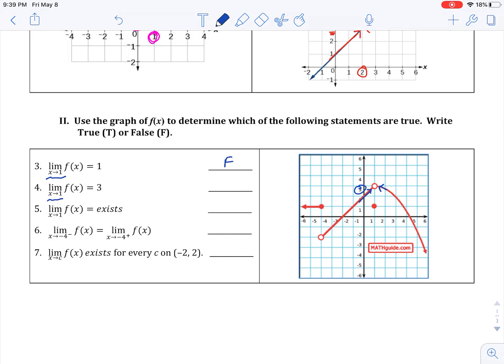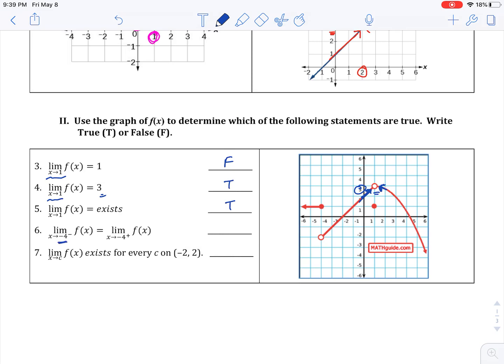So the limit of f of x as x approaches 1, we just figured out, is 3, so therefore we would say it's true because it says it's 3. Now, does the limit of f of x as x approaches 1 exist? And I am going to say true, and the reason is because as I approach from the left and as I approach from the right, I am approaching the same value, so therefore it exists.